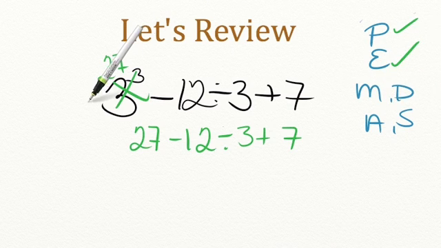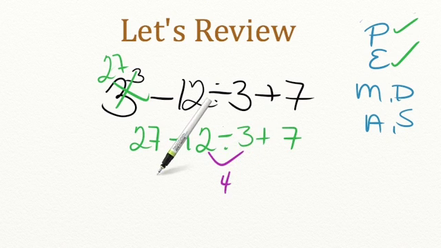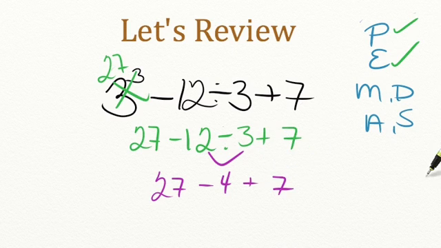Now I'm going to start on the left and move all the way right. We only have division here, so we're going to divide 12 by 3. 12 divided by 3 equals 4, and I'm going to rewrite my equation. And lastly, we're on to addition subtraction.